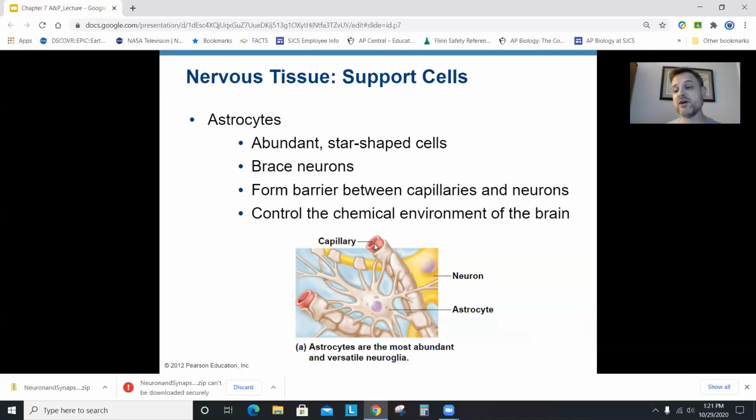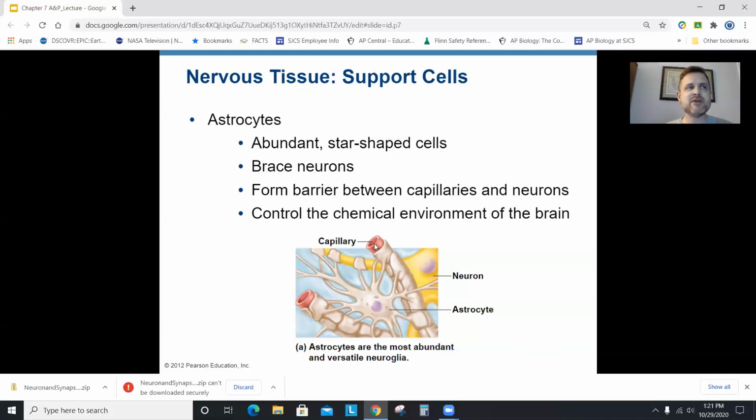So they support neurons, they brace them, but they are also sort of the middleman between your blood and your nerves. Nerves are very, very sensitive. Nerves need to be protected very carefully. So you don't want things going directly from your blood to your nerves, because if there's a toxin, that could be bad. So there's a barrier between your blood capillaries and your nerves that's formed by these astrocytes.